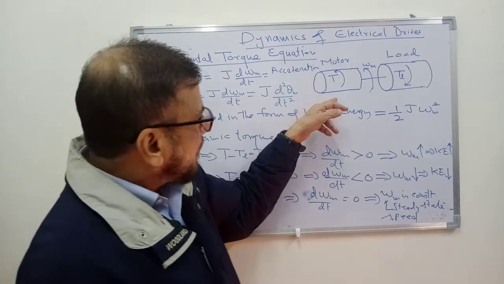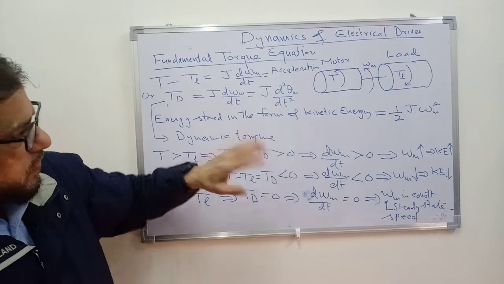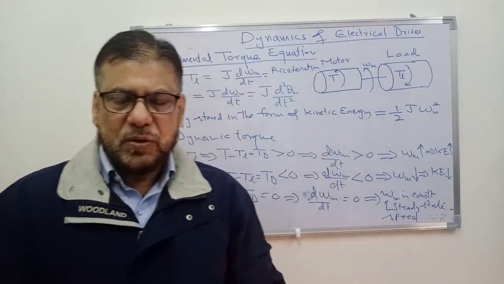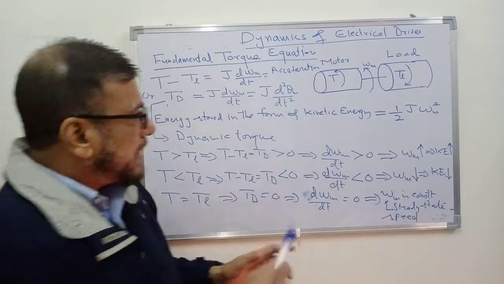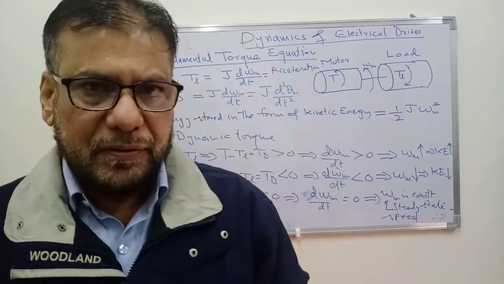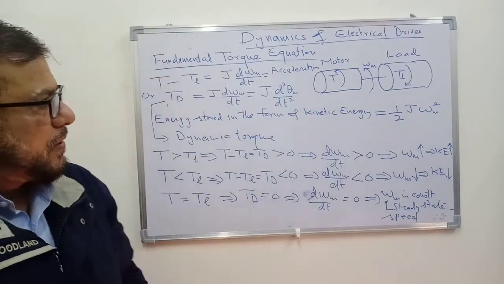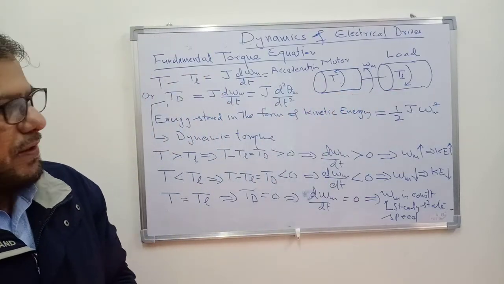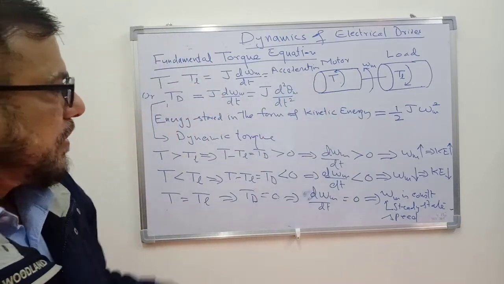That is, counterclockwise torque is taken as positive, or forward torque. The speed in that direction will be called forward speed and it will be taken as positive. And the load torque, which is opposite to this speed, will be taken as positive. So let us assume that these are positive directions of torque, speed and the load torque. Then we can have the opposite also.